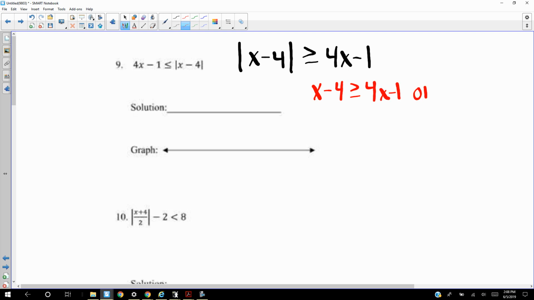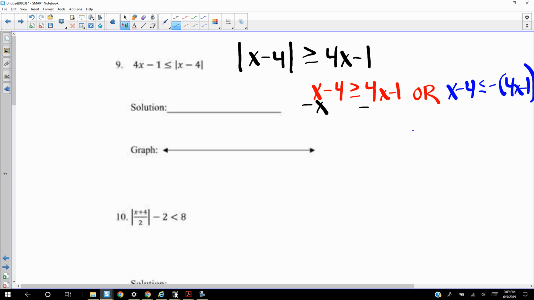So there's one inequality. The other one is going to be same format, except the sign flips, and we're taking the opposite of that expression, 4x minus 1, and then basically just solving both of those inequalities for x in this problem. So a number of different ways to do this.